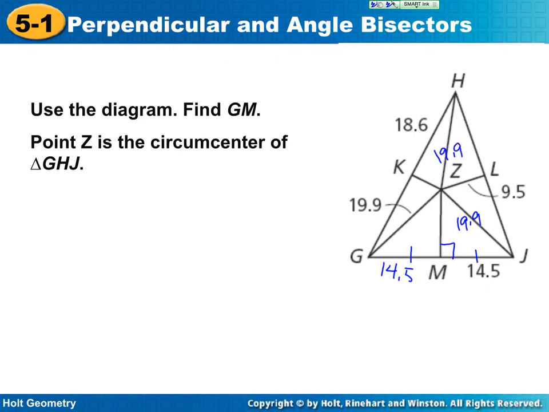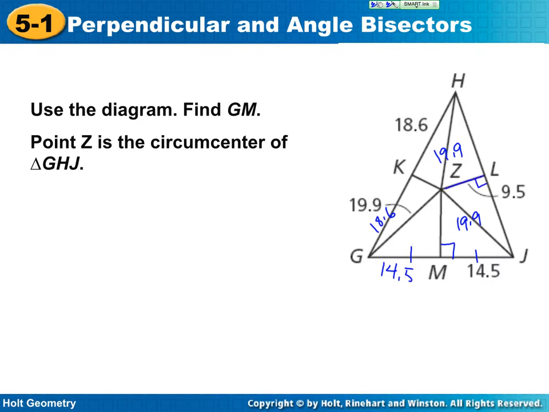Be careful. Yeah, it's the same as 18.6. How about LJ? I don't see that one right off. How about LH? Don't see that right off, but isn't this a perpendicular?